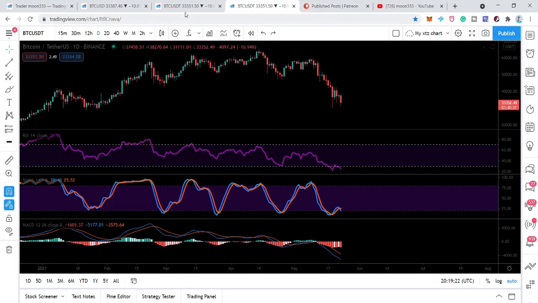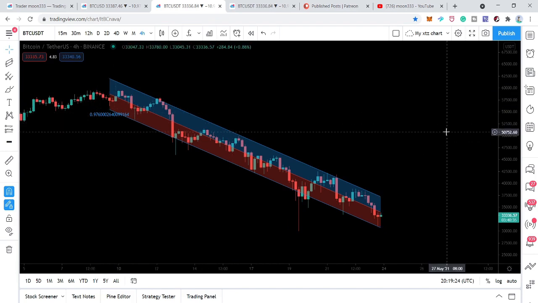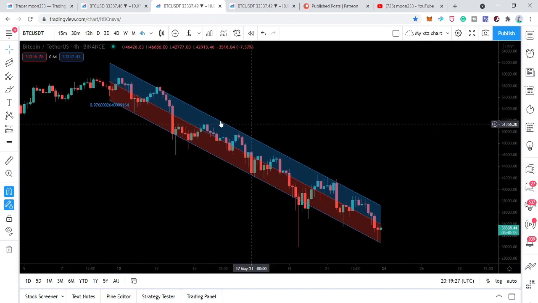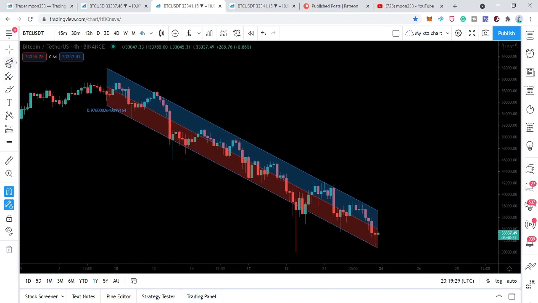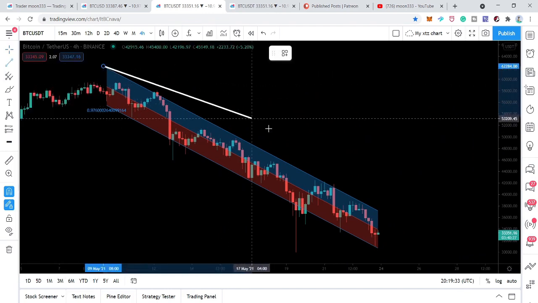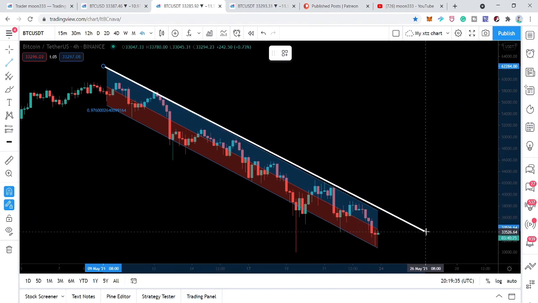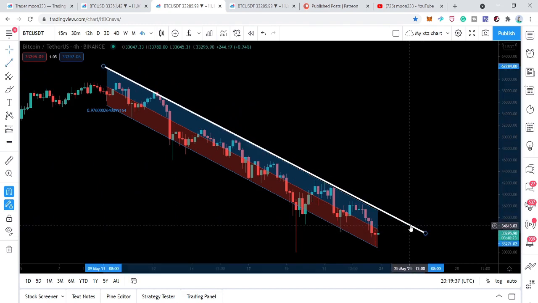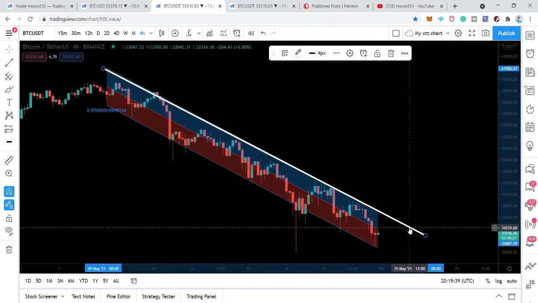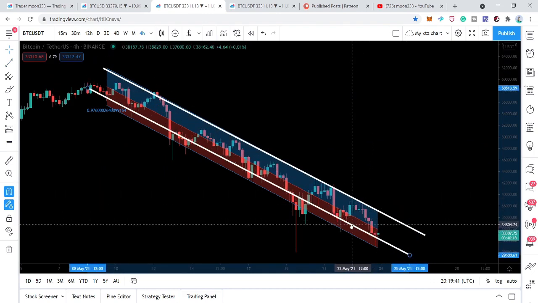Okay. First of all, we are going to discuss this move, and this is the small time period 4-hour chart. And here we can see that the price action has found this down channel. This is the resistance of this down channel, and here we have the support of this down channel.